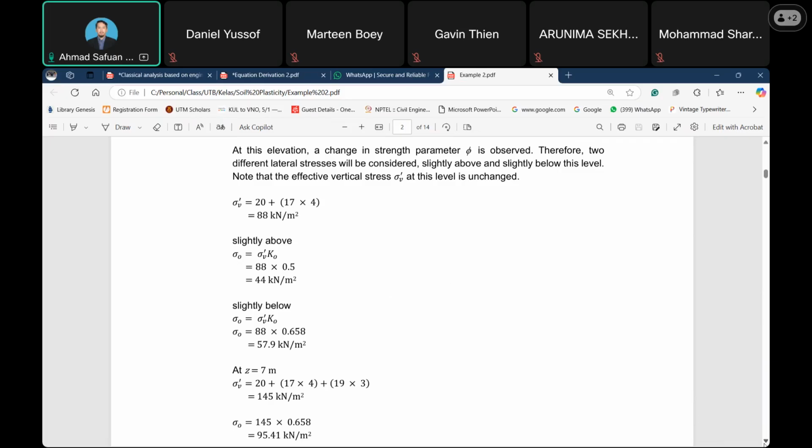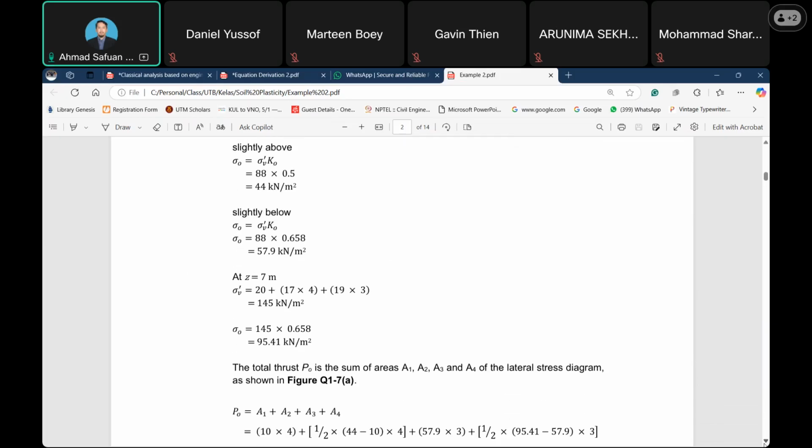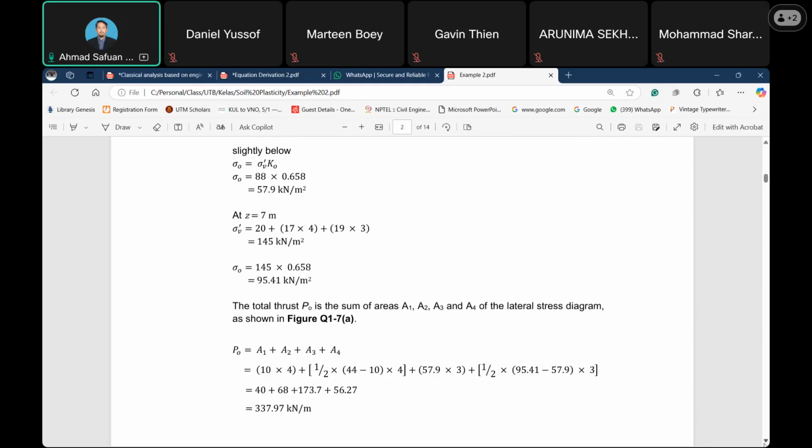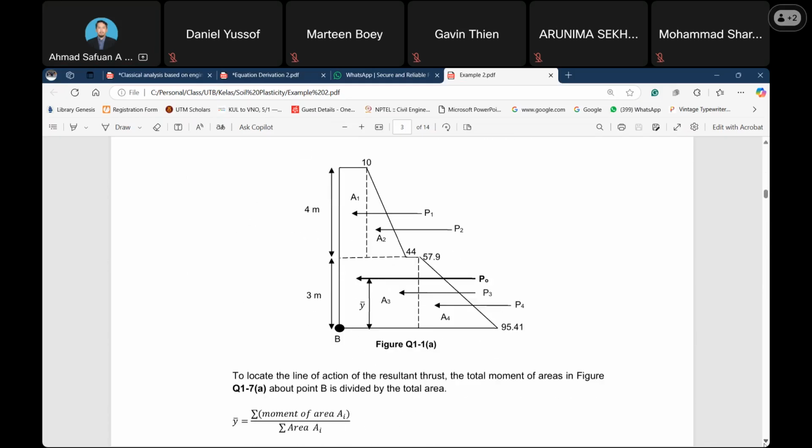So at the depth of 7 meter, we obtain 94.41 for the lateral stress at rest. Then we plot the distribution diagram.